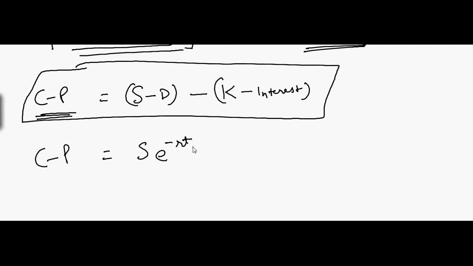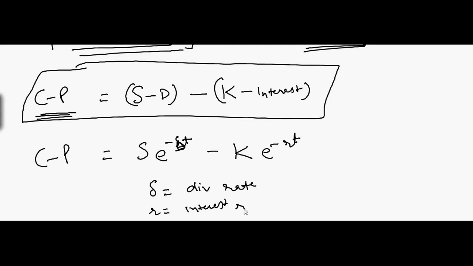So we write the dividend here, and here it will be e^(-RT), where R is the interest rate. So gamma is the dividend rate, and R is equal to the interest rate.